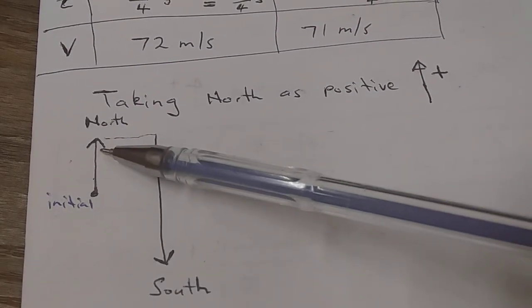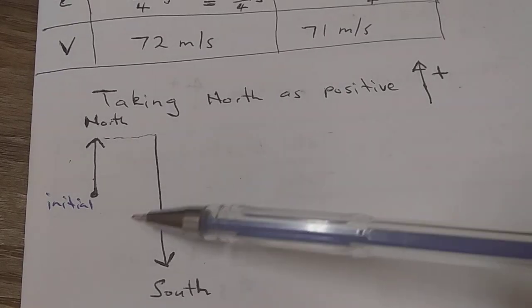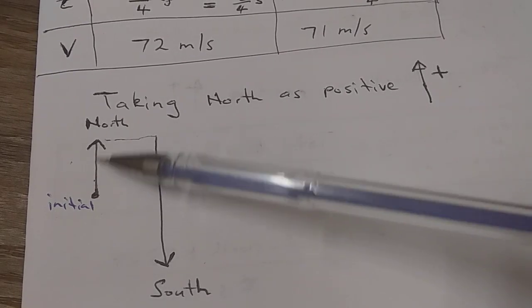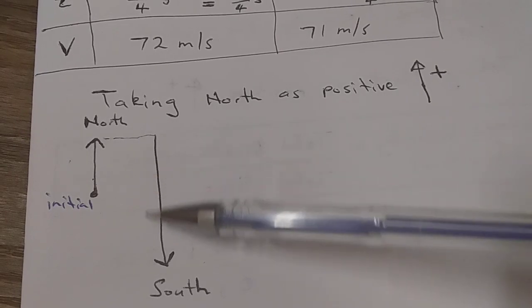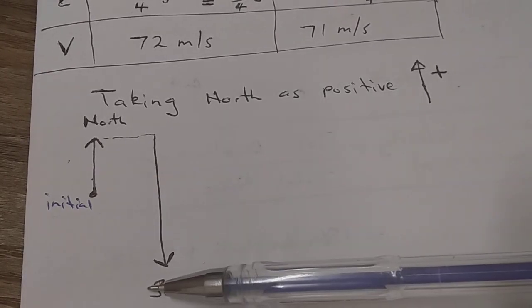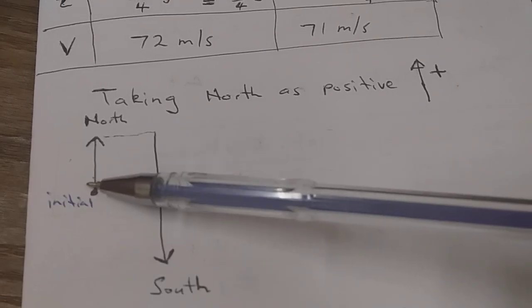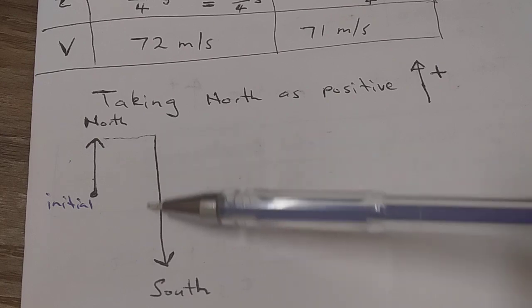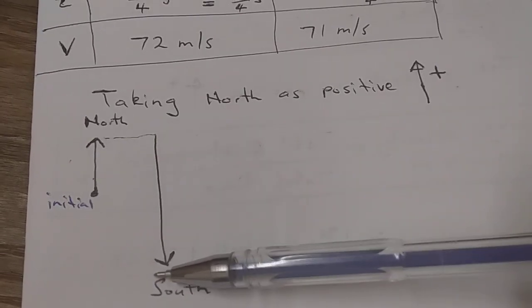Taking north as positive, the car starts from here and moves due north. Then from due north, it moves due south. It's just a rough sketch to indicate what is happening.